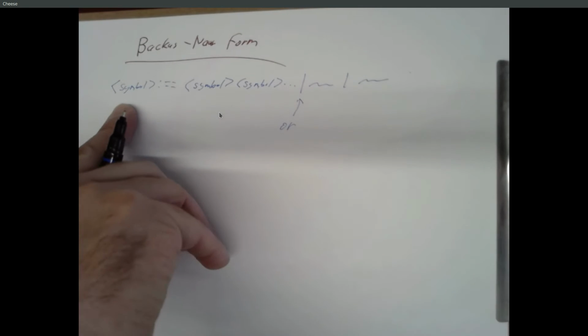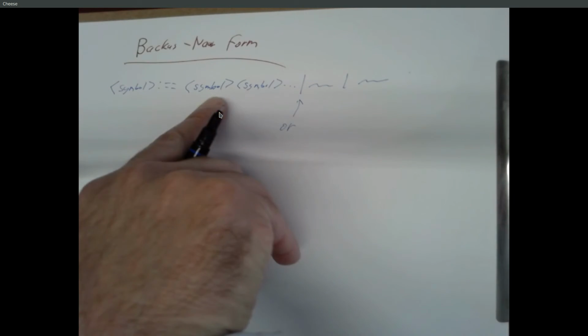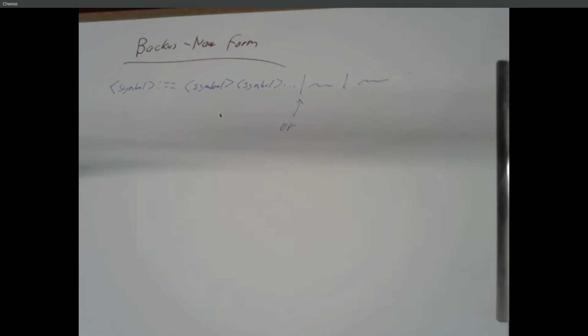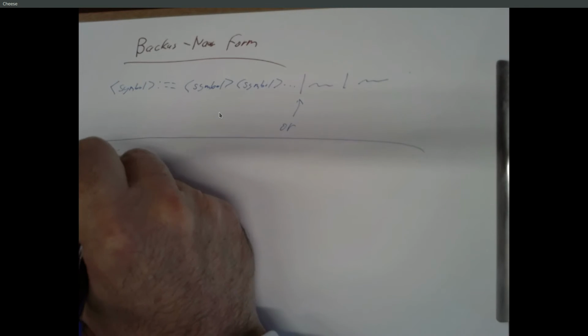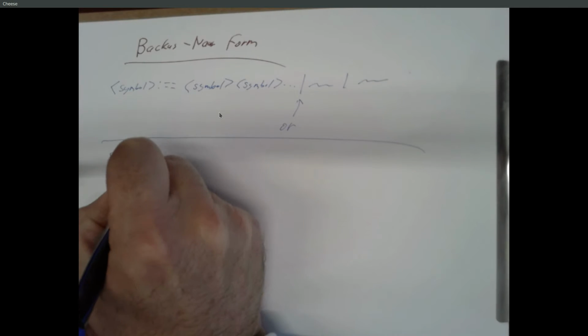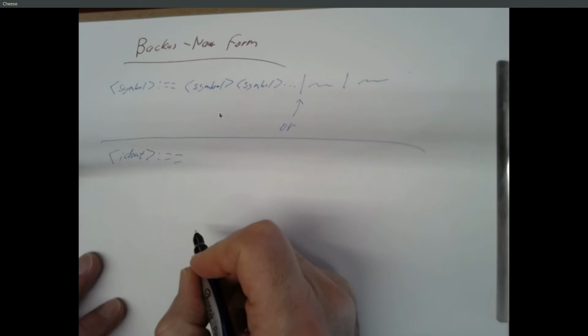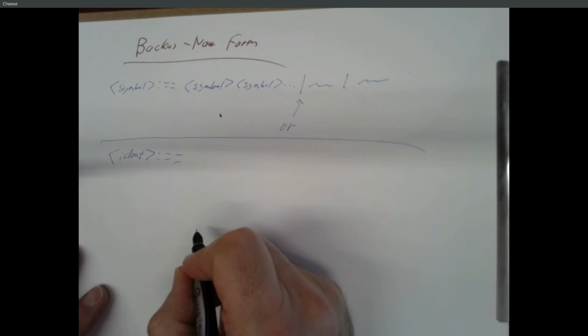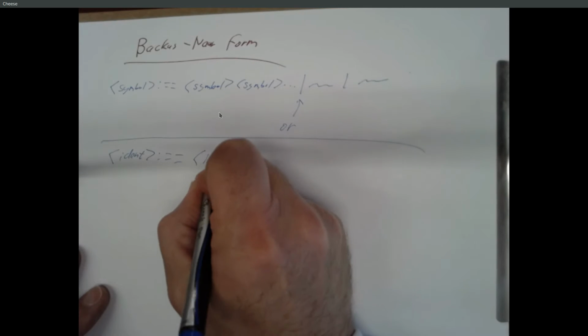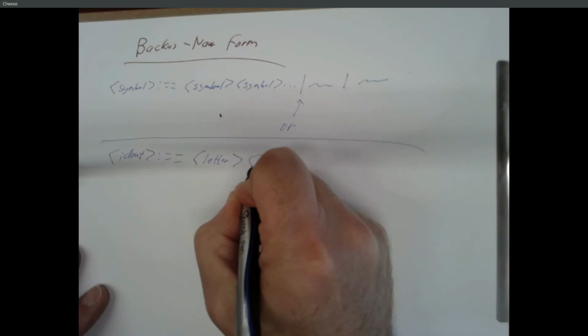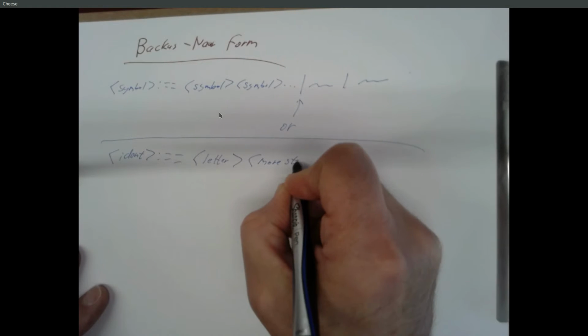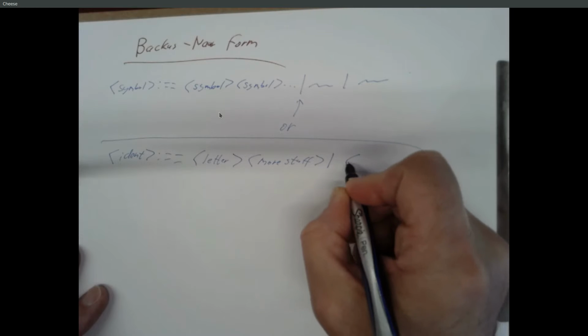Basically what we're doing is describing something that we give a name as being some collection of other things. That's a horribly vague explanation, so let's just do an example. For example, I could say an identifier is equal to a letter followed by more stuff, or it's just a letter.